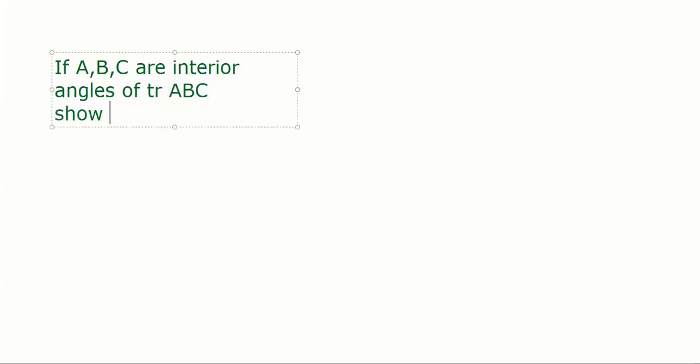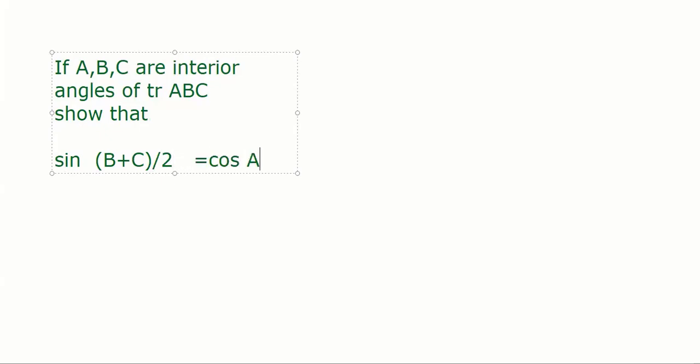Show that sine of (B plus C) by 2 equal to cos of A by 2. ये हमको प्रूव करना है गाइस. This is what we have to prove. So there are too many ways we can do.